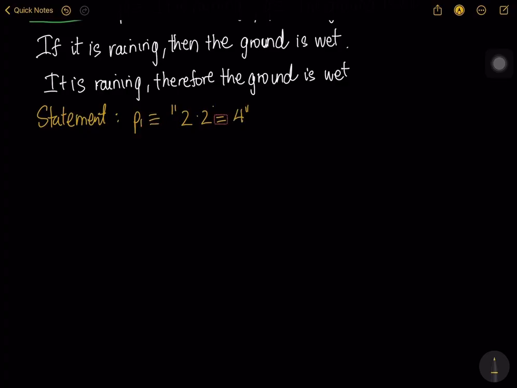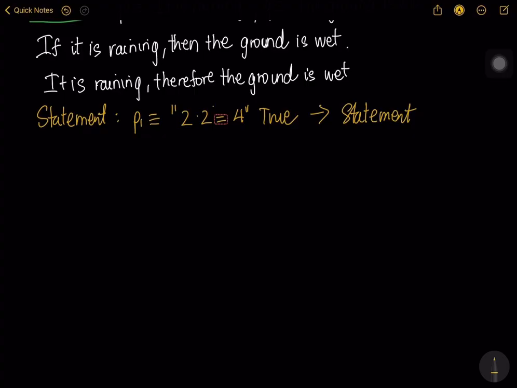Is it a statement? Oh, let me ask you first. Is it true? It is true, right? Okay, so since we can easily tell this sentence is true, we can call it a statement.